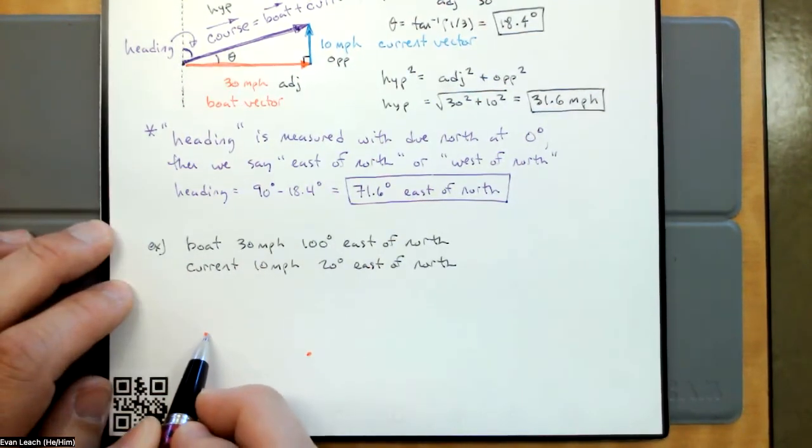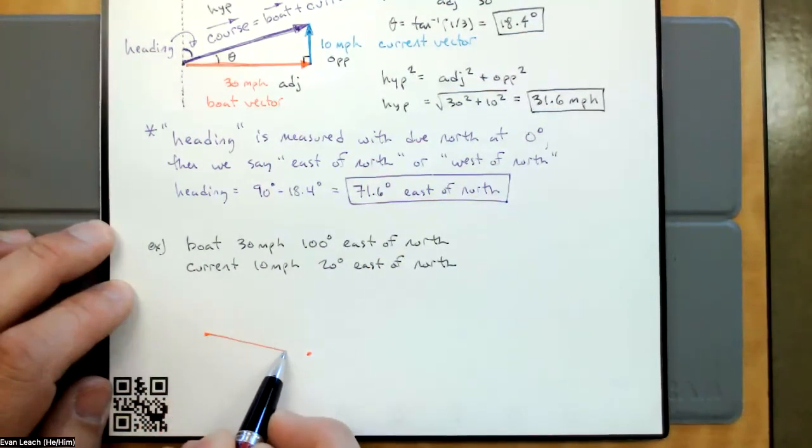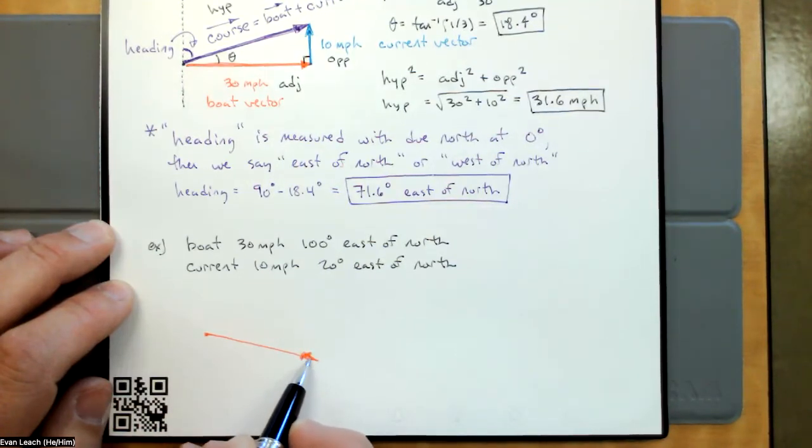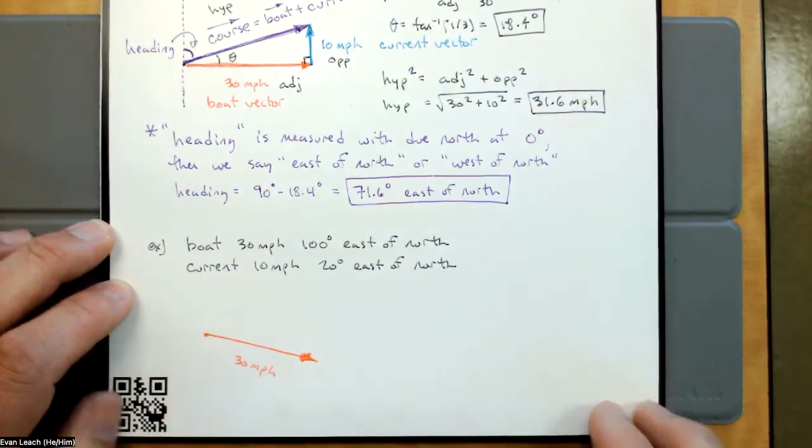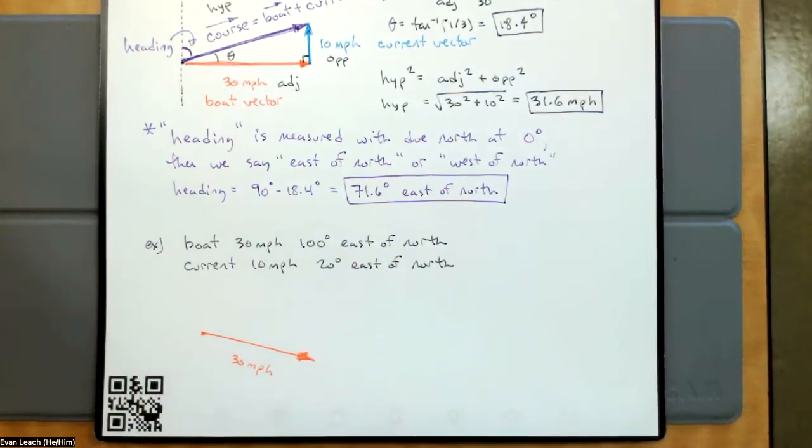So here's what the boat thinks it's doing. Boat says we're going 30 miles per hour.